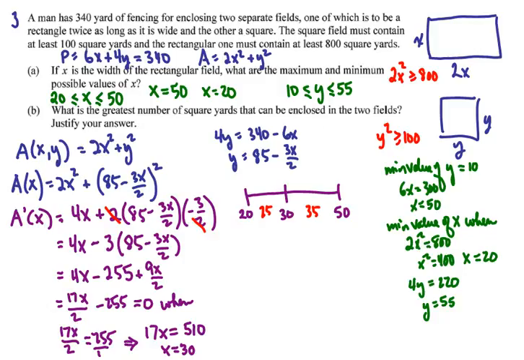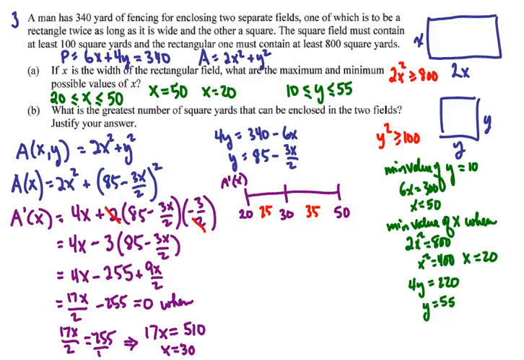We can now test some values. If you were to go back to the derivative function and plug in x equal to 25, there you have 17x over 2 minus 255 is the derivative.